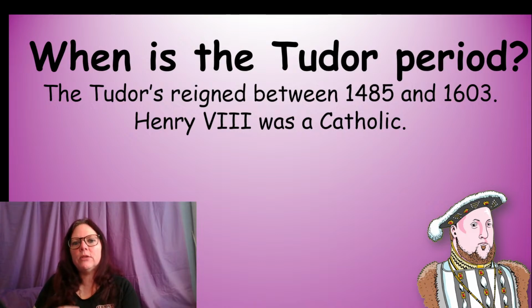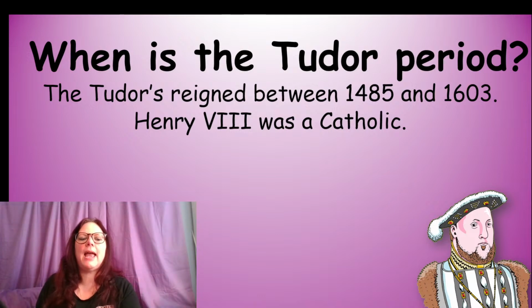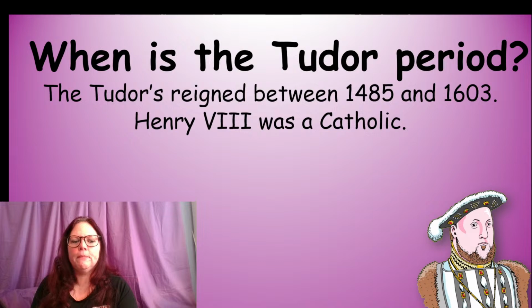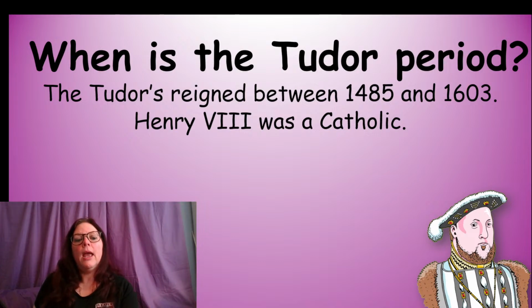But in 1534, Henry was made the head of the English Church by an Act of Parliament, and this meant that he could then divorce Catherine and marry Anne Boleyn. It also meant that he could take all the properties and lands and money from the monasteries and the abbeys, and he basically sold them off to rich noblemen and rich lords to get the profits.